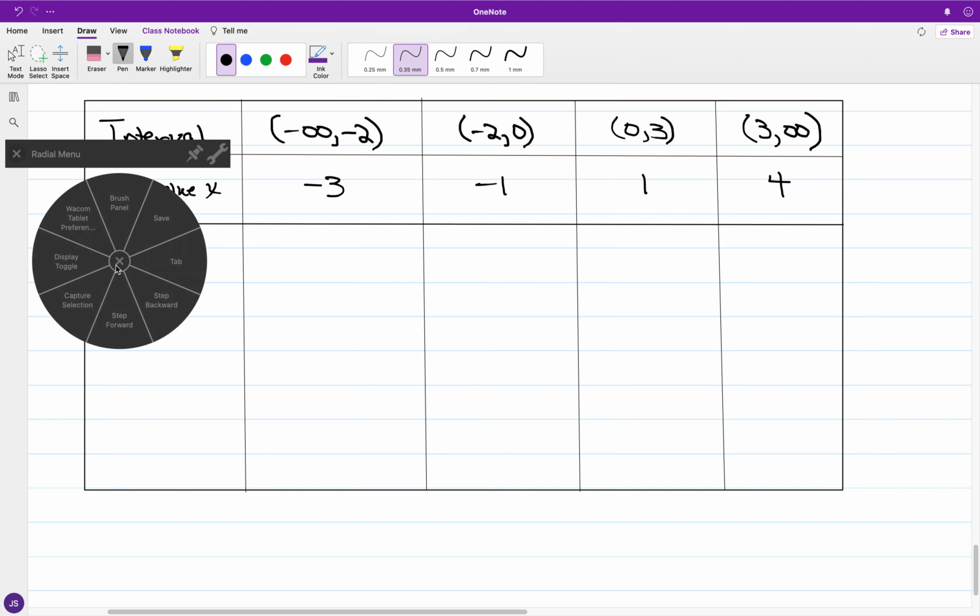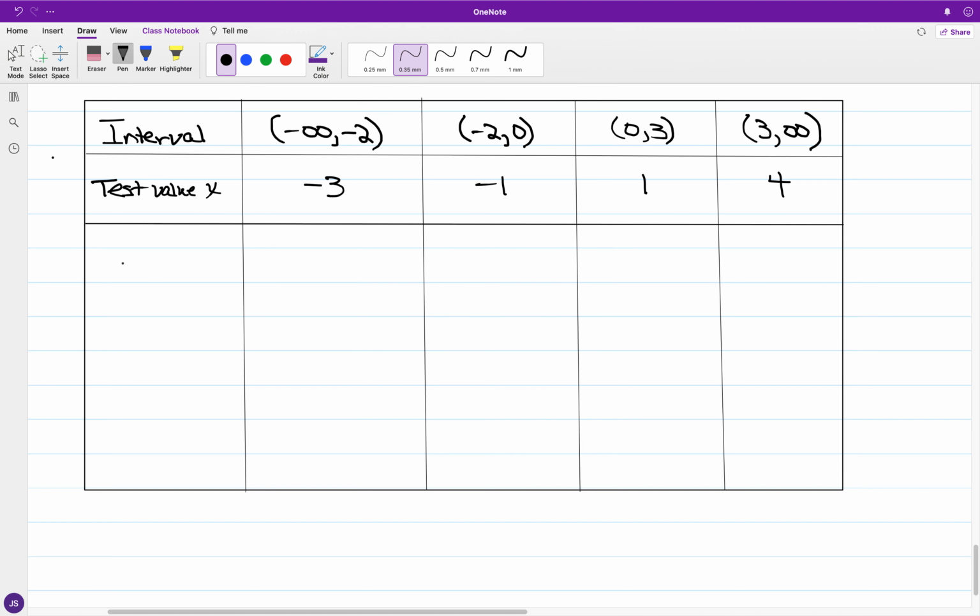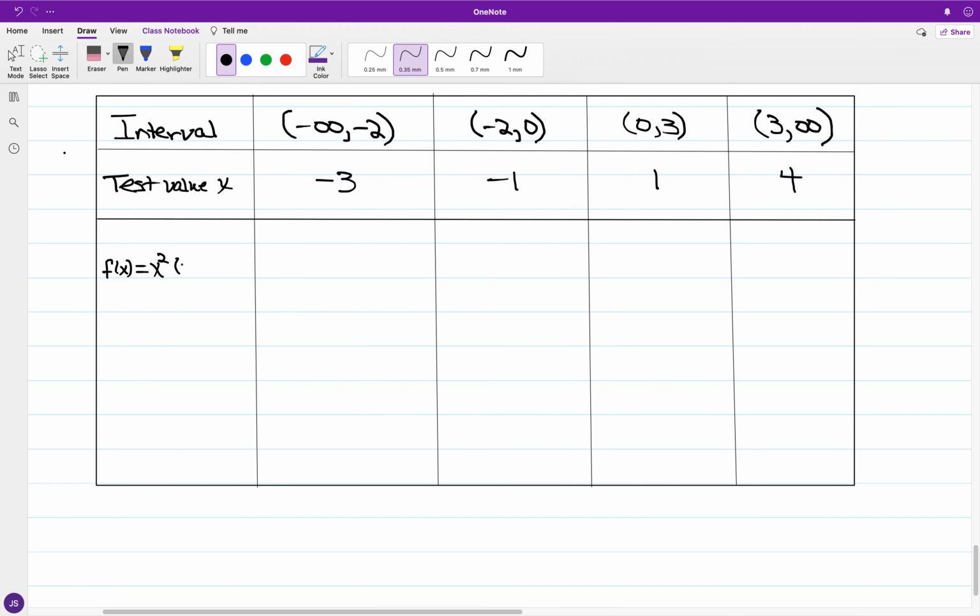Okay, so we're going back to our function. We have x squared times the quantity of x plus 2 times that of x minus 3.